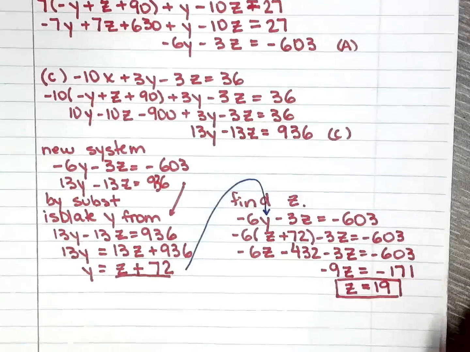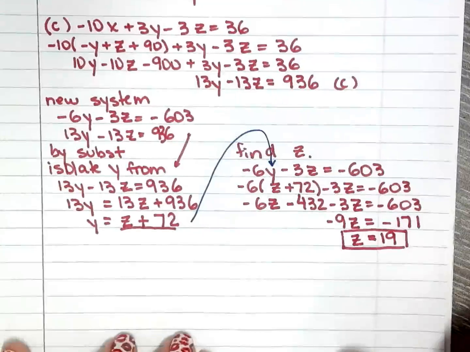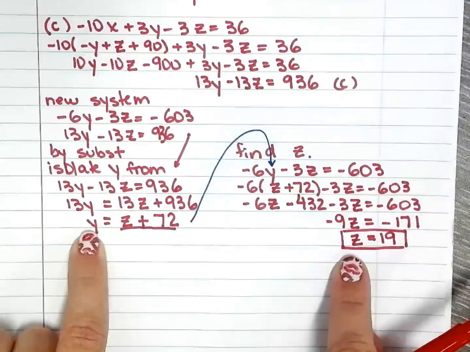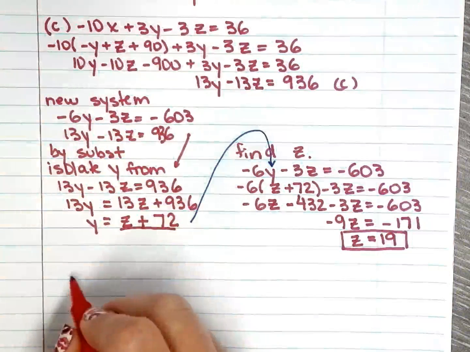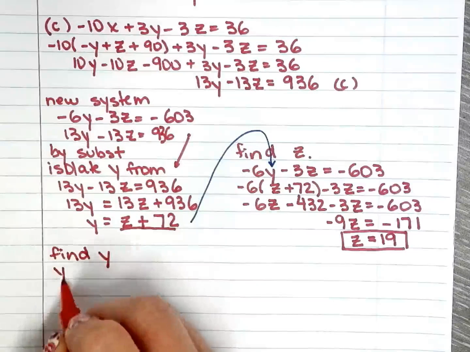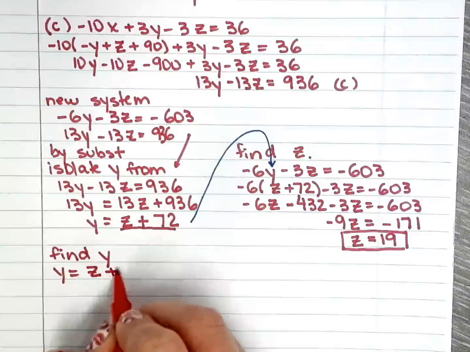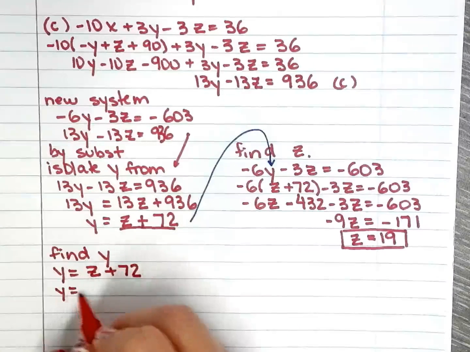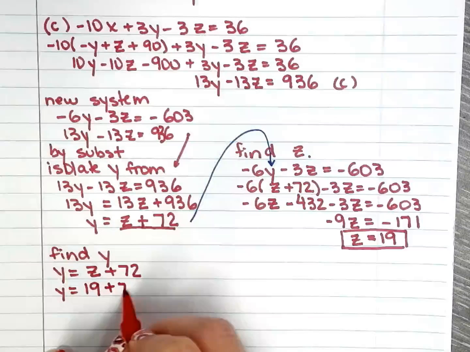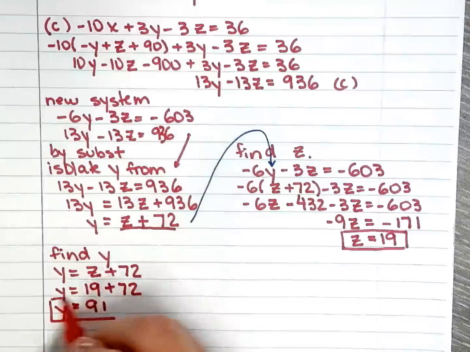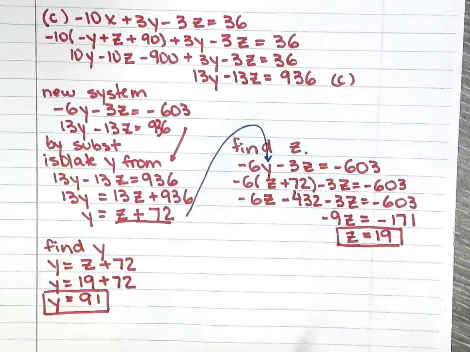Don't give up, guys. You got this. We're almost done. So now that we have z, I can just easily come back and find y. So find y. I know y is z plus 72. I know z is 19. Therefore, I know y is 91. Don't give up.